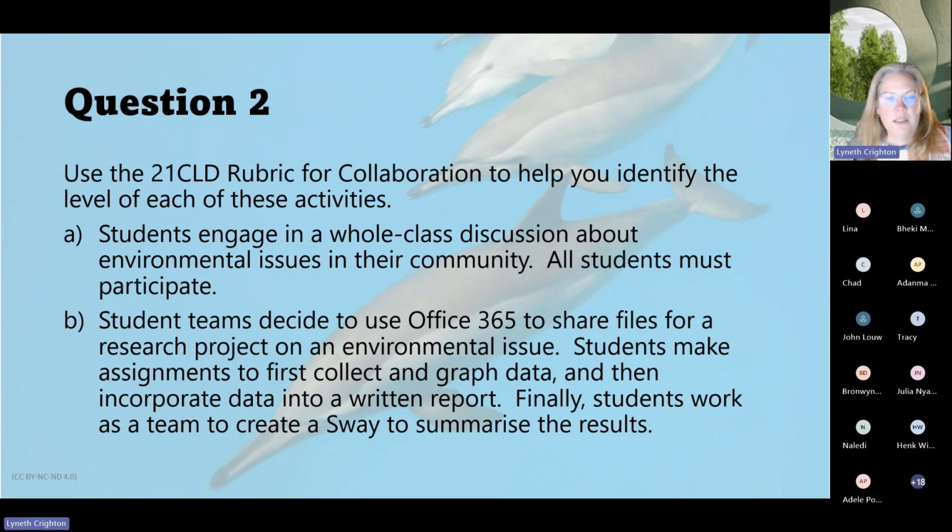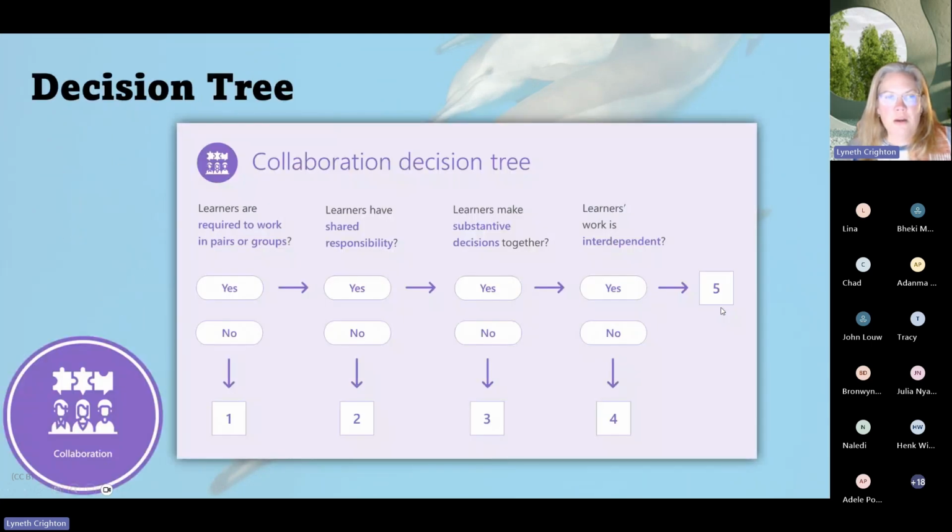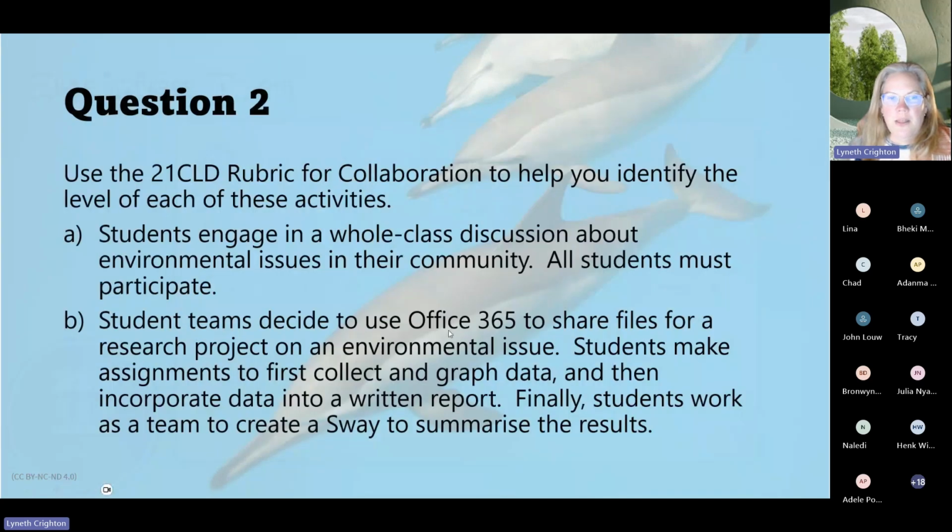So let's look there. For the first question, required to work in groups or pairs, is that a yes or a no? Thumbs up or surprise? Okay, yes.